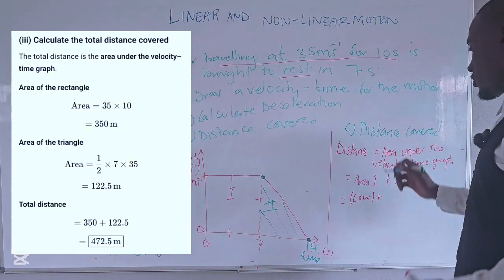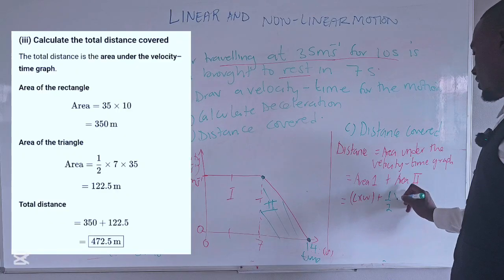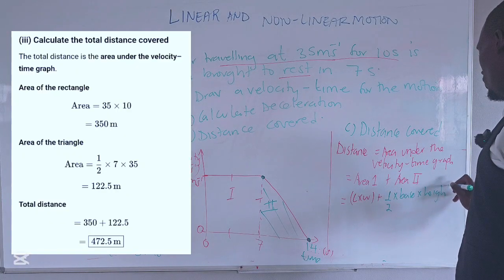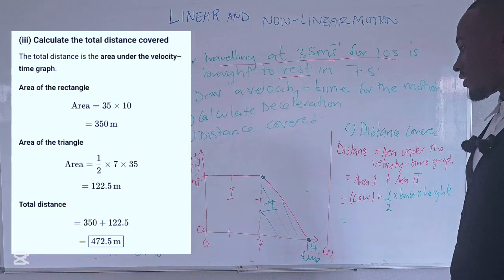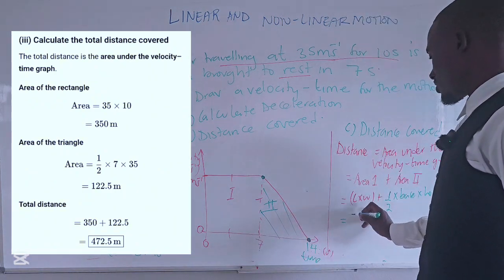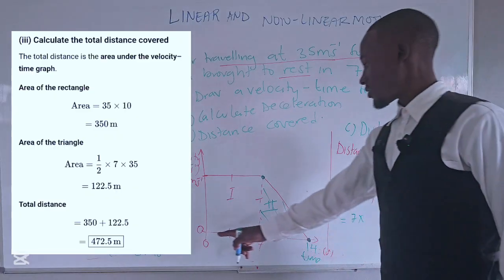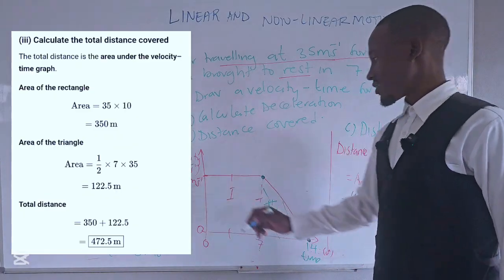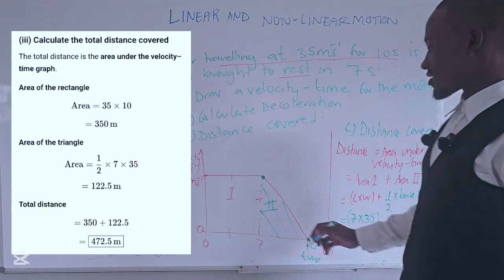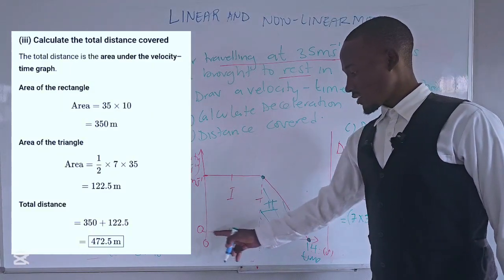So the area will be a half times the base times the height. So our length in this case, that is 10 minus 0, which is 10 times the width, which is 35. So that is the area of part 1, length times the width.